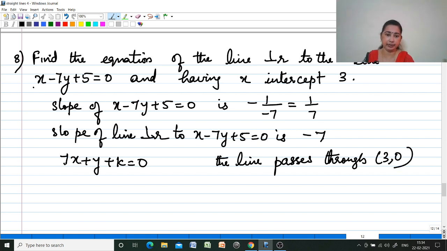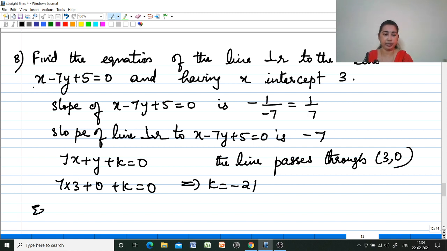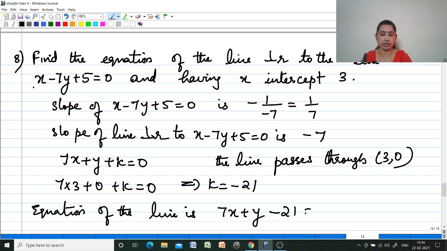Substituting in this, 7 into 3 plus 0 plus k is equal to 0, or k is equal to minus 21. Therefore the equation of the line is 7x plus y minus 21 is equal to 0.